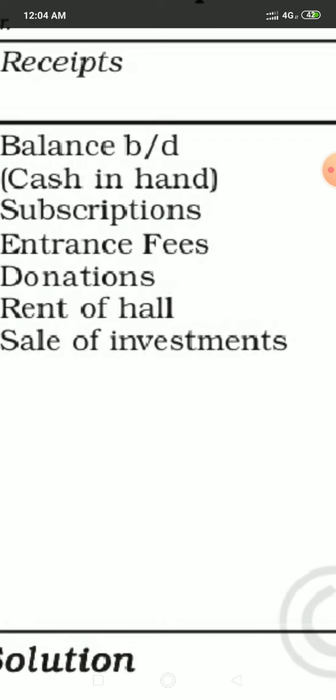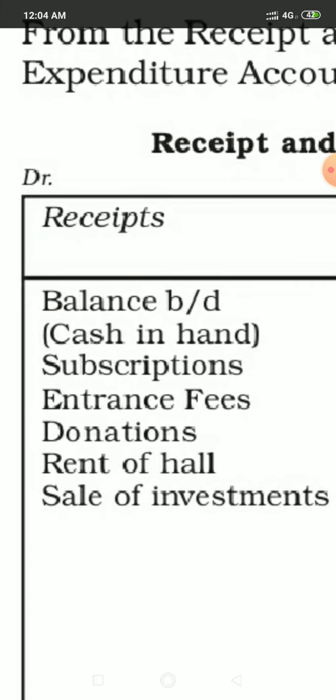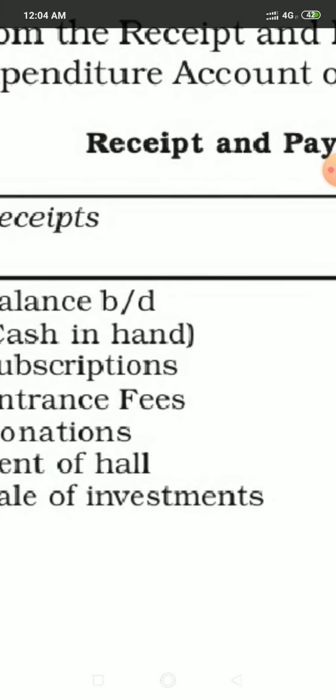Only current year income and expenditure. We will utilize all adjustments, and we will not take any type of balance which is given in the receipts and payment account. Okay, thank you.